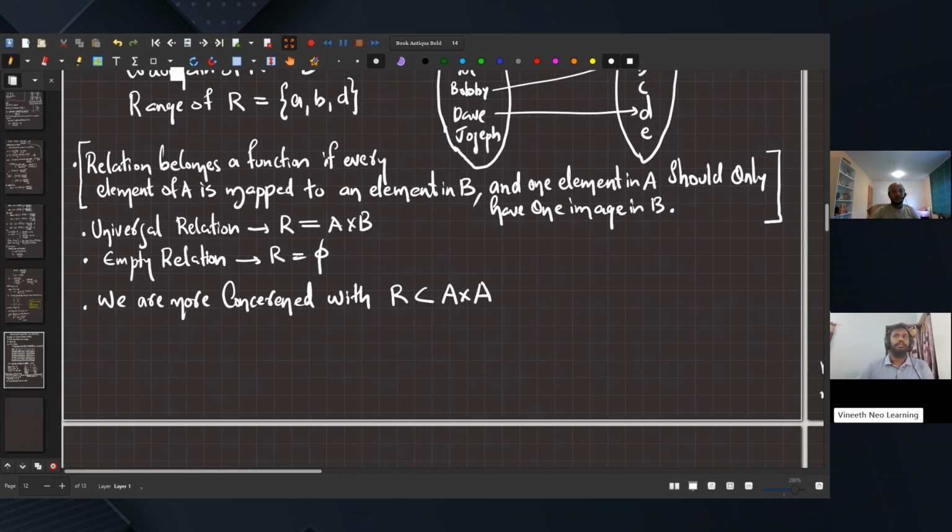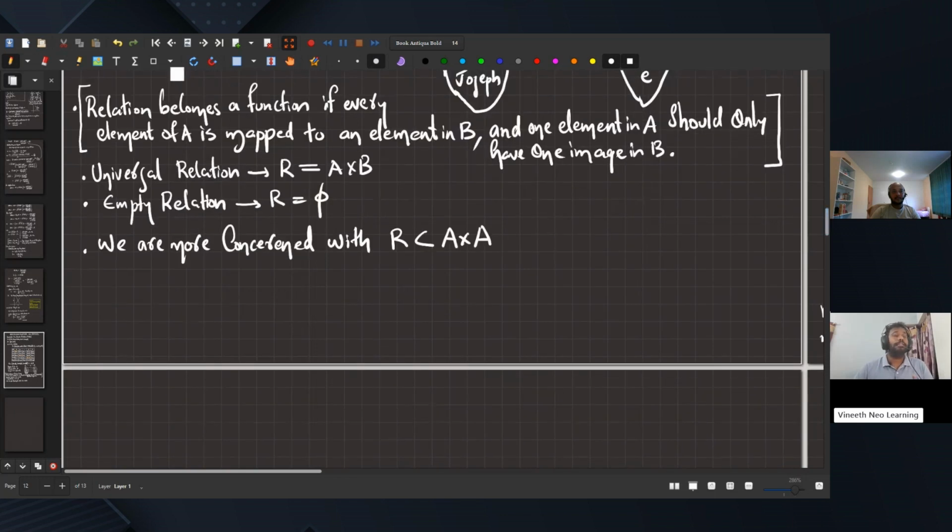In such a case, new kinds of definitions can arise, like transitivity, reflexivity, symmetry and anti-symmetry. Look at these two ideas: universal relation and empty relation. These two ideas are based on how many elements are present in R, correct? Yes. It doesn't tell anything about the nature of the relationship.